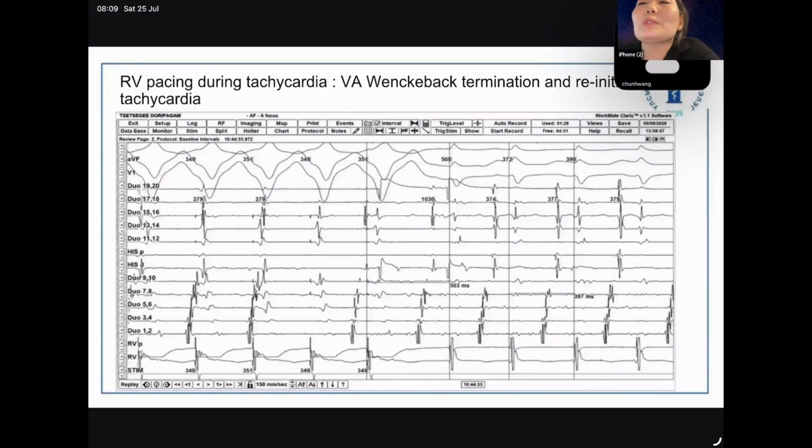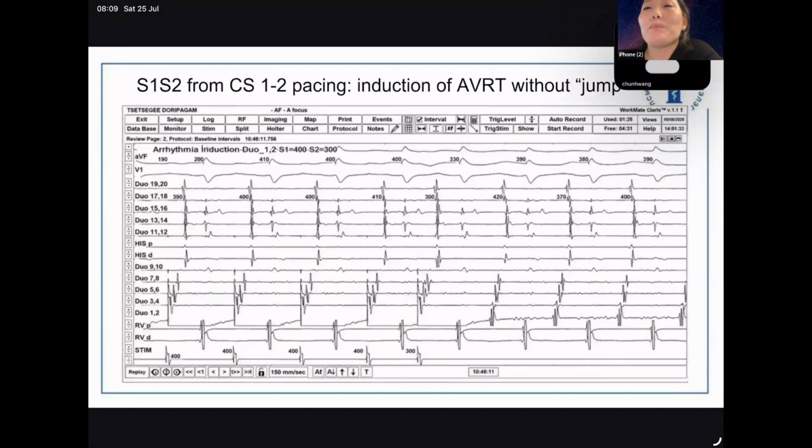When we tried ventricular entrainment during the tachycardia, it terminated, or the VA Wenckebach occurred, so we can evaluate the entrainment result also.